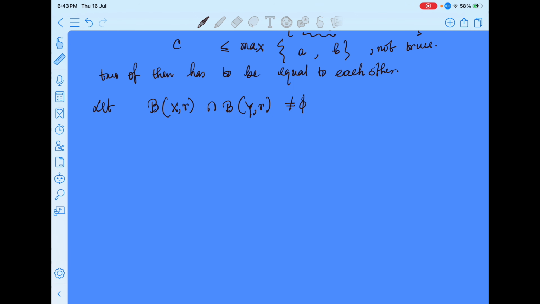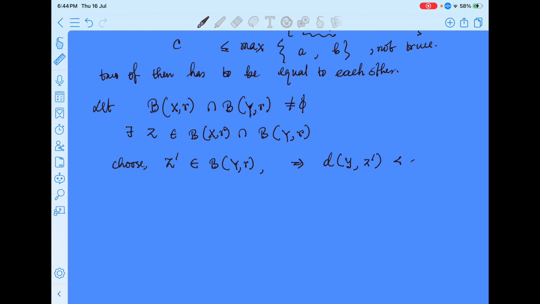Is not equal to phi, so then there exists a z inside the intersection of two balls. We want to show that B y comma r equals B x comma r. So let us choose z prime inside B y comma r, which will imply d of y comma z prime is strictly less than r.